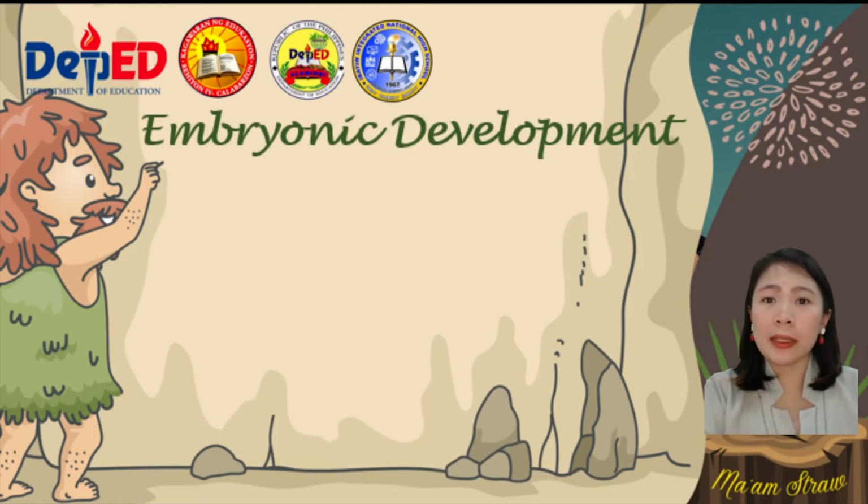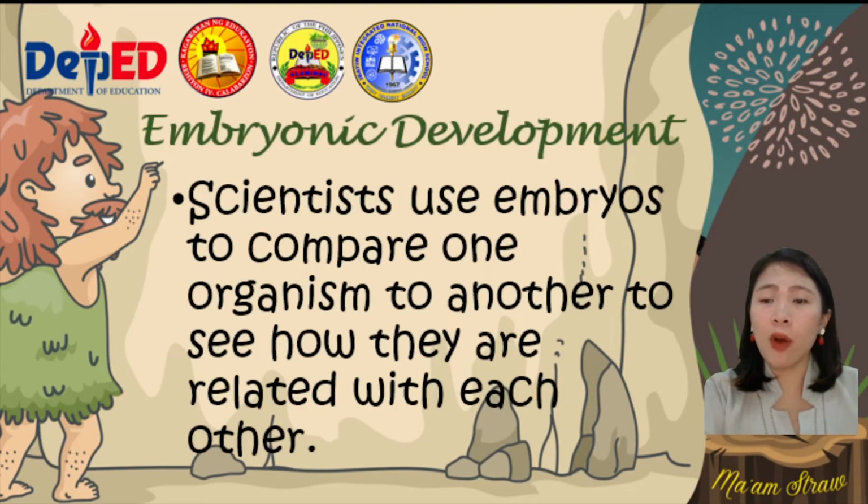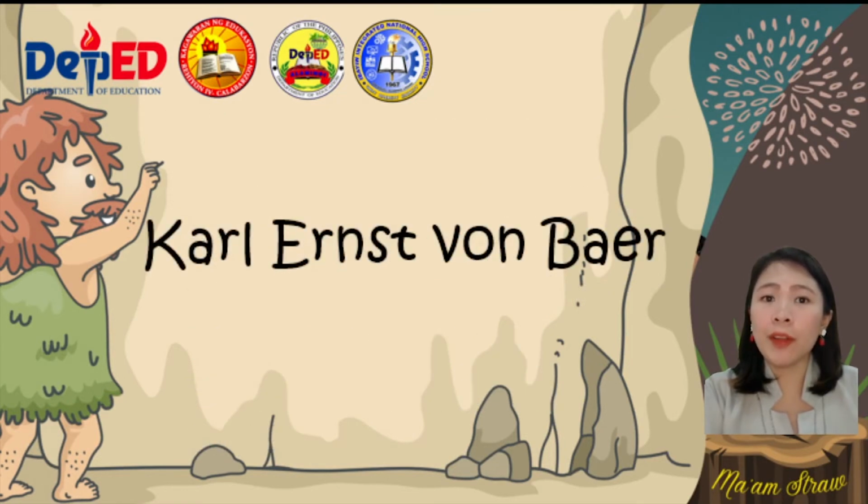Next one is the embryonic development. Another evidence of evolution is the study of developing organisms, or embryology. Scientists use embryos to compare one organism to another to see how they are related to each other. The embryos of vertebrates look alike in their early stages.